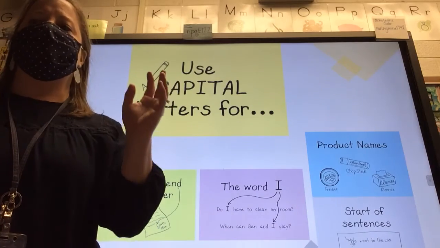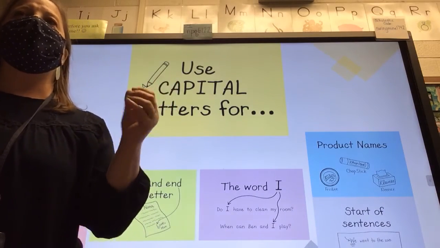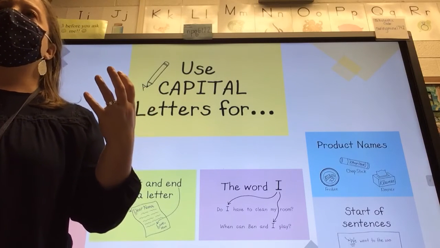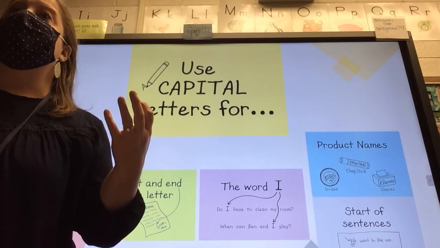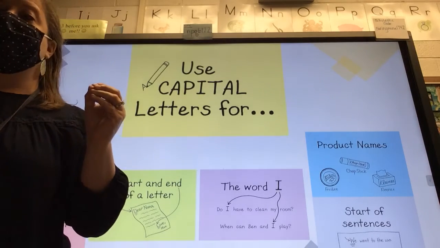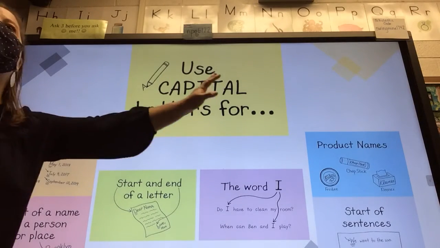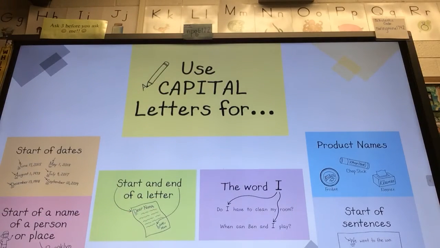We compared the two pieces last week, and we noticed that capital letters, a lot of times, was where these two pieces were very, very different. We want our pieces of writing to look more and more like the adult pieces. So these are the things that we want to have on board so that our writing looks the best it very well can be.